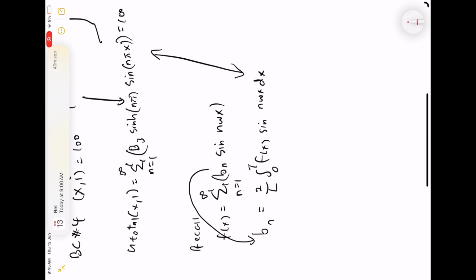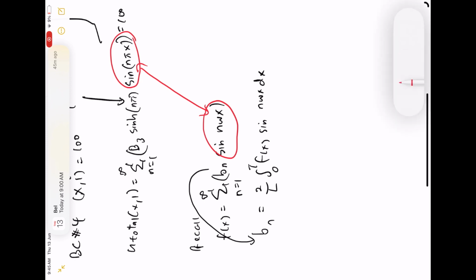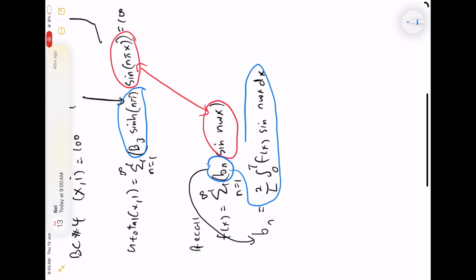So this part is this part, and this Bn is this part. So this and this are equal.